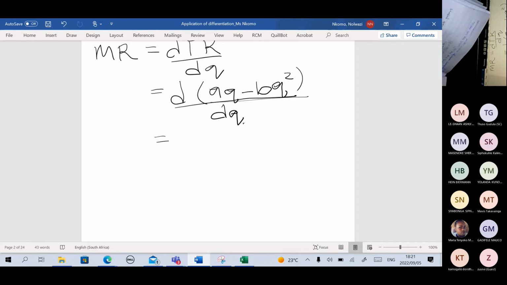The derivative of AQ with respect to Q. And remember that A and B are constants, right? So this means, let me just separate it like this.